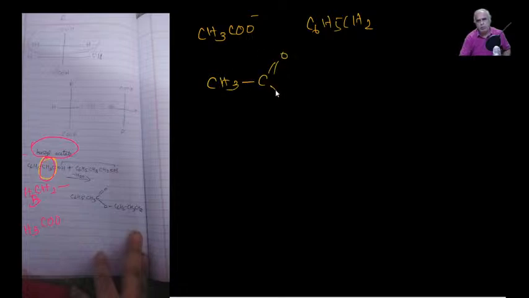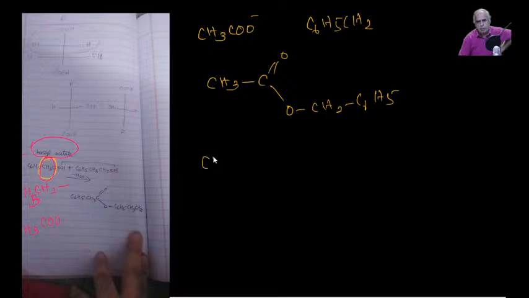This is the acetate anion, and this is the benzyl group, C6H5CH2. So you have to add these two. So CH3C double bond O and then CH2C6H5.